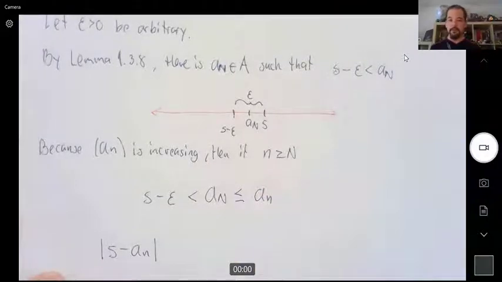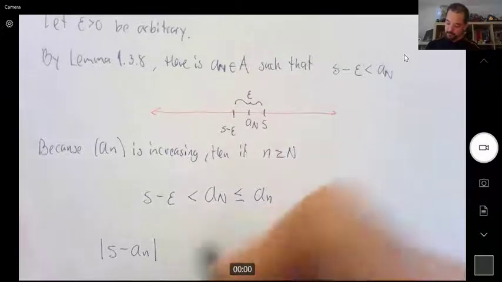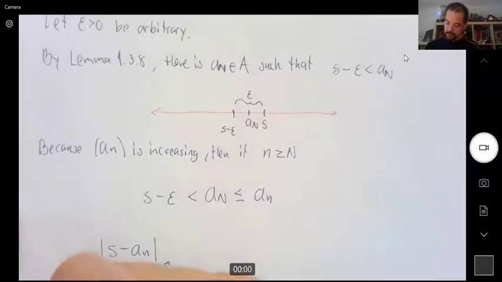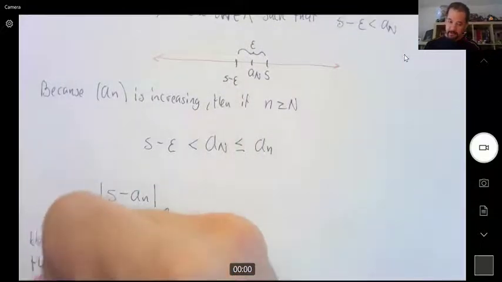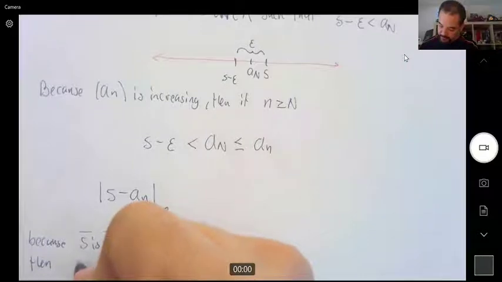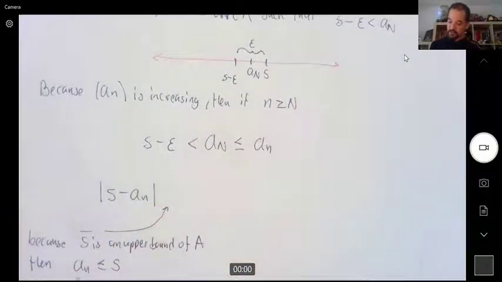Now first, notice the following. S is an upper bound of the a_n's, right? Because S is an upper bound of A, we know that a_n is smaller than S. S has to be bigger. And the reason I'm writing this is because it's the same as S minus a_n being positive.